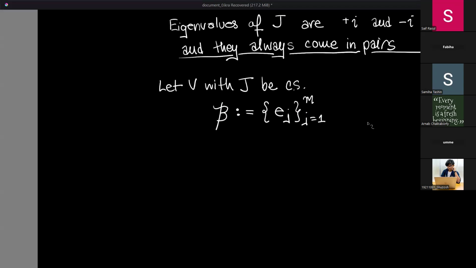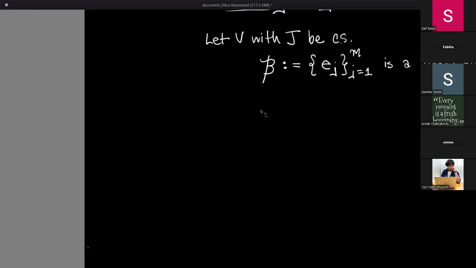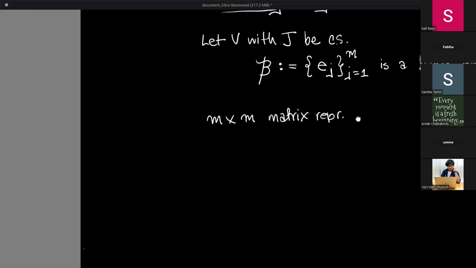This is a basis for V. And so we're going to be interested in the m times m matrix representation of J.